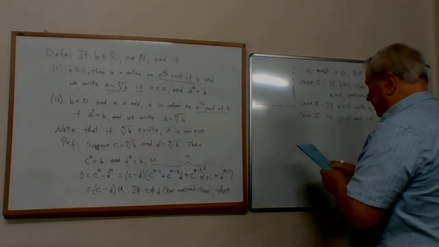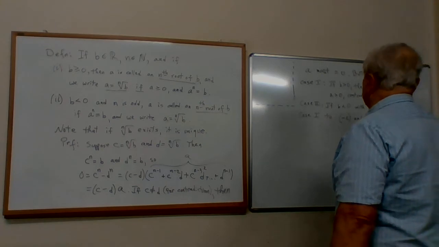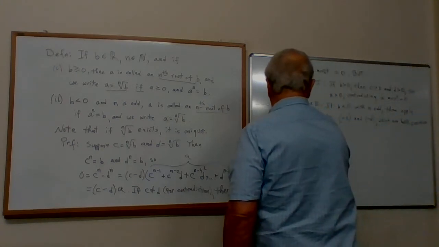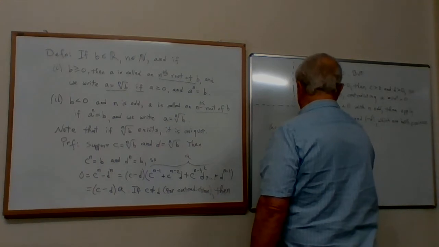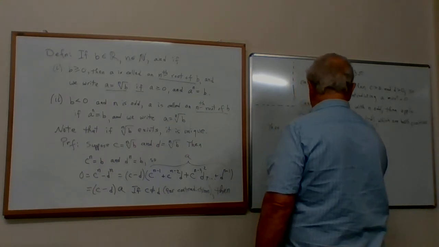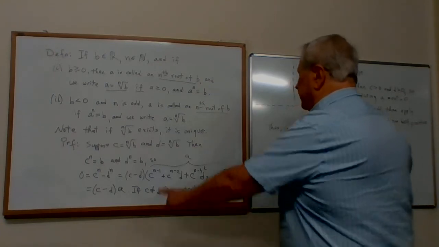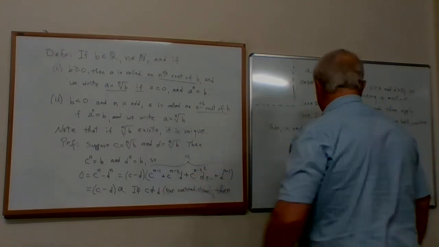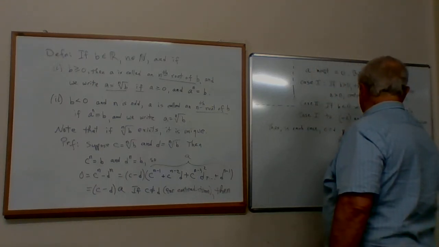Okay, and that's the end of that. Thus, in each case, we've contradicted that C does not equal D, so C does equal D, and that's the end of the proof.